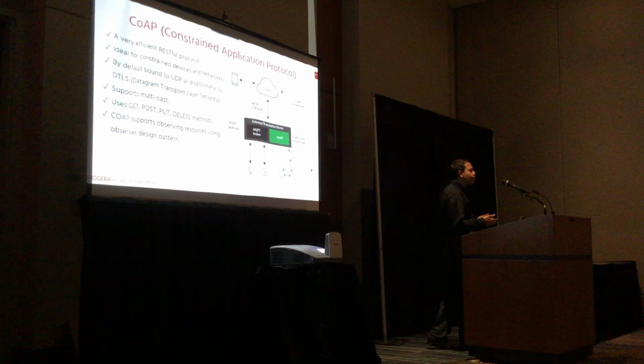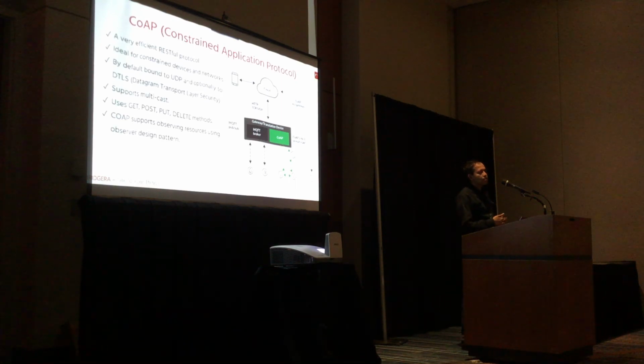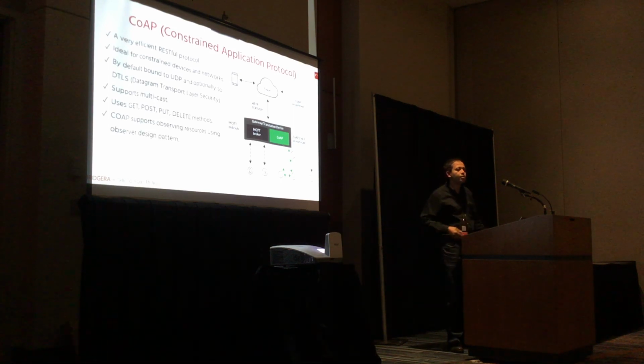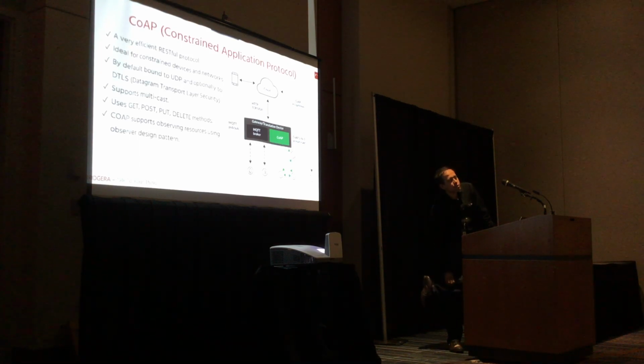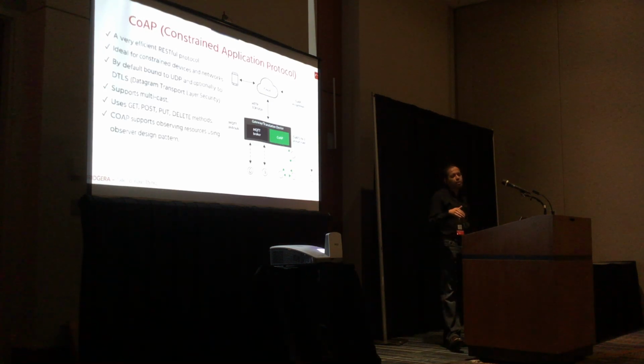The underlying protocol for CoAP is UDP, which is pretty unreliable. So a basic reliability scheme is built on top of it to support reliability for CoAP kind of communication. And also, to make it more secure, you can always use DTLS, that is Datagram Transport Layer Security. CoAP supports IPv4, IPv6, 6LoWPAN, and it supports unicast and multicast.